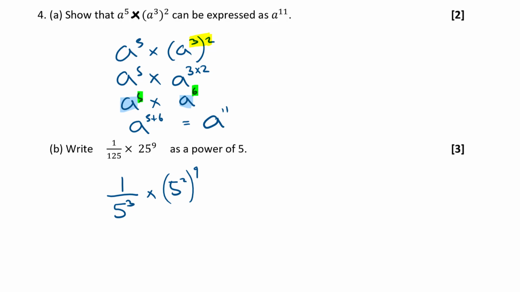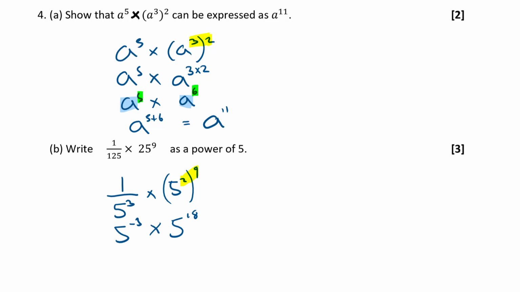Again, same as last time, I've got an index of an index here, so I can multiply those indices together. That's going to give me 5 to the 18. But on the other one, I've got 1 over 5 to the power of 3. Now that is the same as 5 to the power of negative 3, isn't it? Because it's the reciprocal.